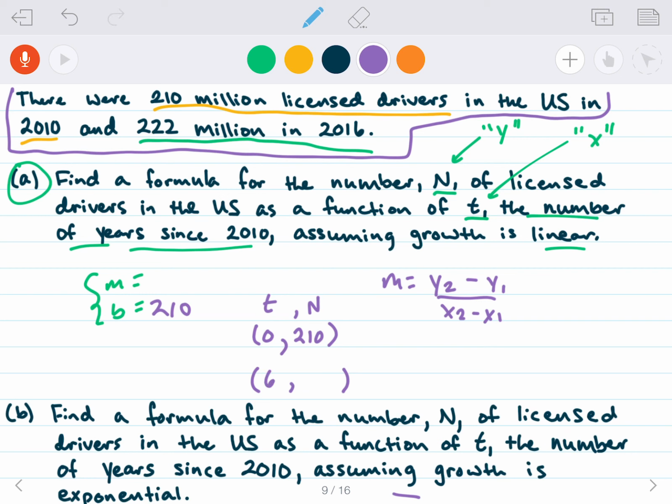So our time is 6, and that corresponds to 222 million licensed drivers. So this is another point. Now that we have this, we can plug it into our formula. Remember, n is acting like our y's, and t is acting like our x's. So to find the slope, I can just do y minus y over x minus x, and let's see what I get when I do that.